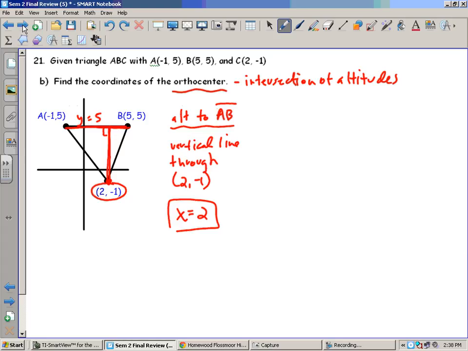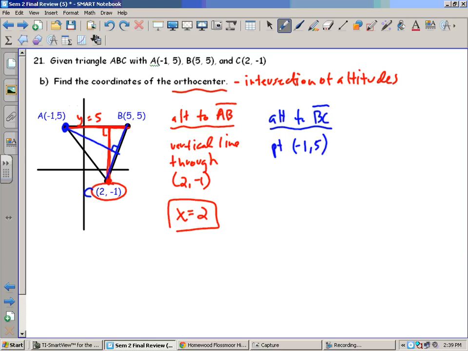I could find another altitude, and this might be a little bit more work, but it's not much. I need a point and a slope. I'm sorry, I drew the altitude to BC, so we're going to call this the altitude to BC, rather. So this side, and I need point A, which is -1, 5, and I need the slope of BC, and I need to take its opposite reciprocal.